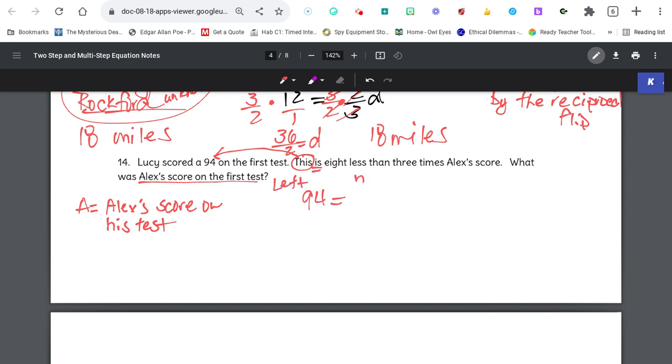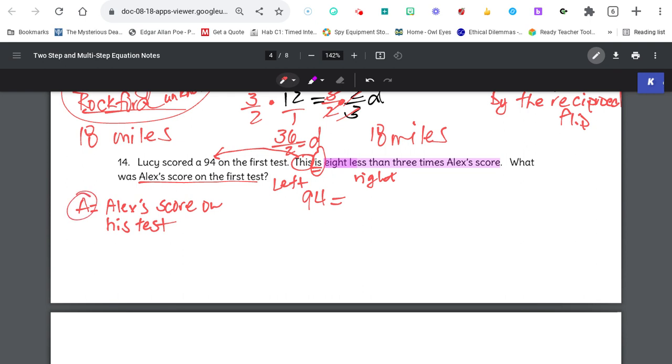Now I just need to focus on the right side. So the right side has to be this stuff right here. What's on the right side of the word "is"? 8 less than 3 times Alex's score. Okay. So I don't know Alex's score.